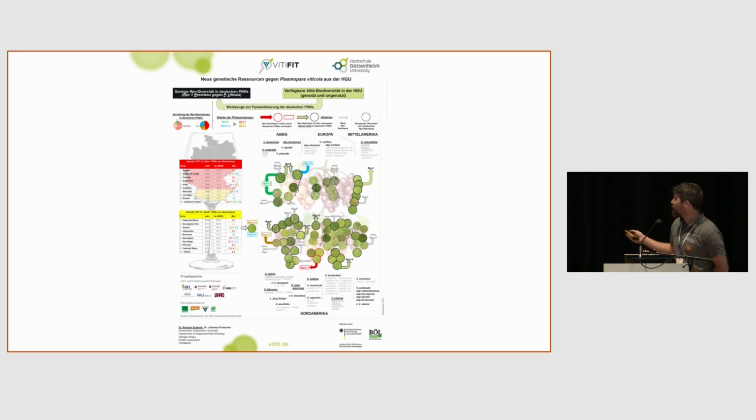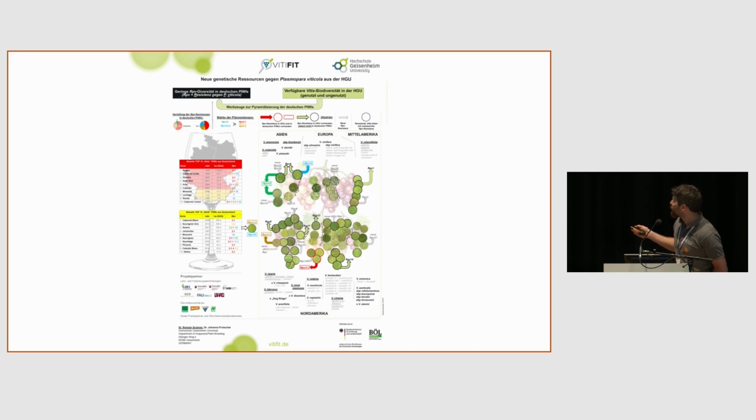What we are observing is that we have several resistances, like RPV1, RPV8, RPV6, RPV14, which are present in Geisenheim but absent in the German PIWI, and which could be used to increase the diversity of resistance in the German PIWI and solve this problem of adaptation of the fungus.